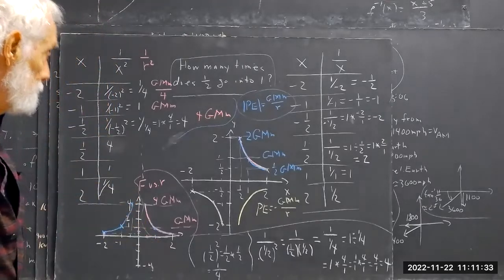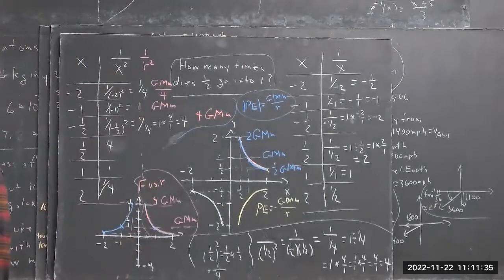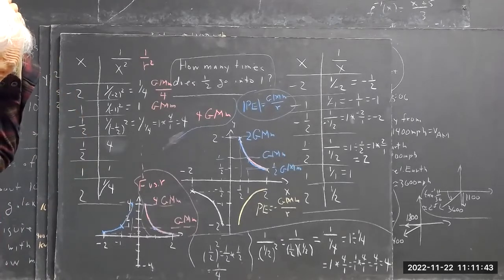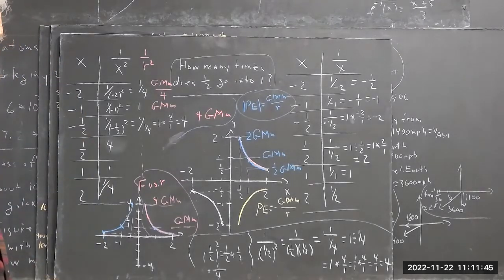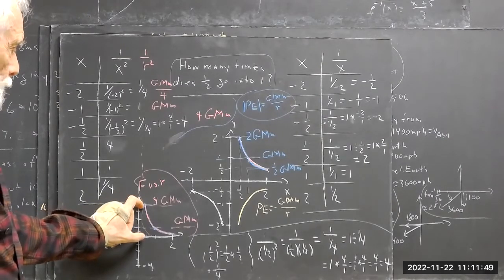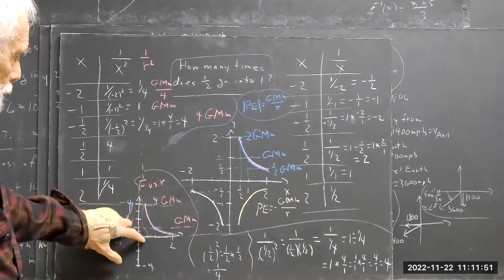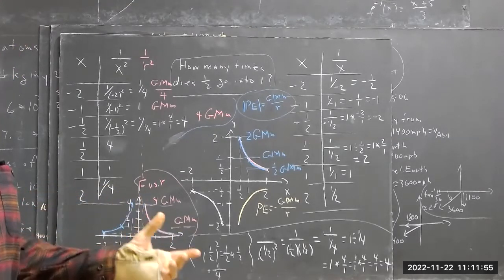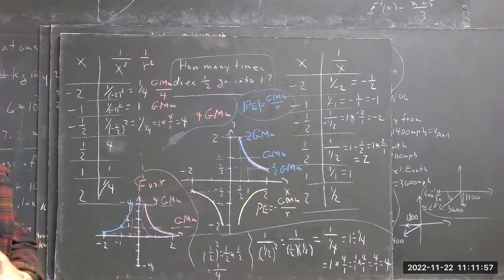This curve comes from the 1 over x function and can be interpreted very easily. Let's say that this is how much force you have at half an Earth diameter, which is an Earth radius, okay?